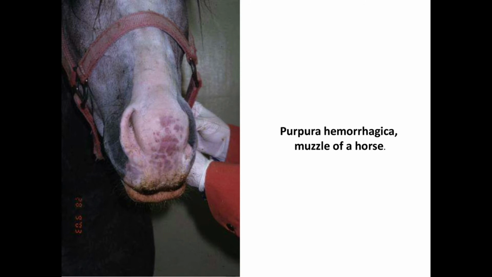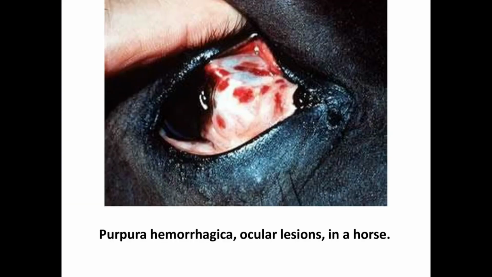It occurs after the post-strangles infection caused by Streptococcus equi, or sometimes after vaccination also. This is another picture of purpura hemorrhagica ocular lesions in a horse.